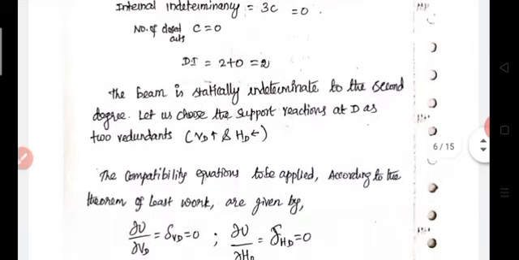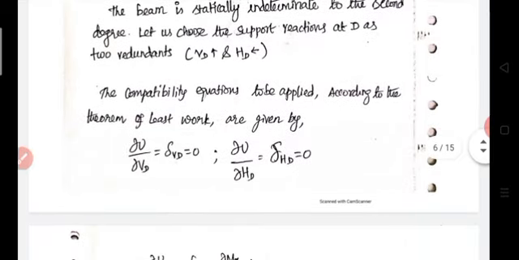In this case I selected two redundants. Since it is a force method, first we determine the degree of indeterminacy, then we select the redundants, then we use the compatibility equations to find the redundants.